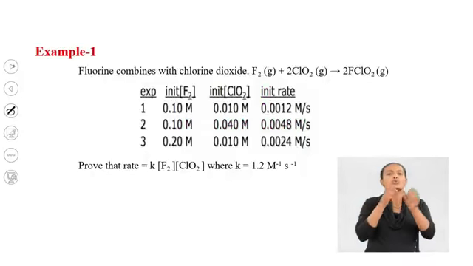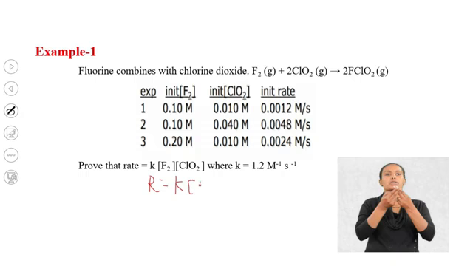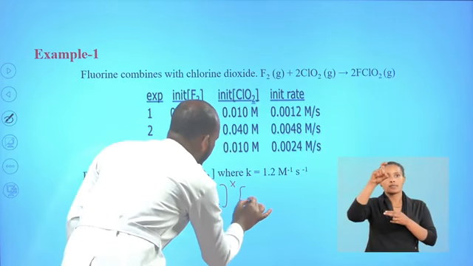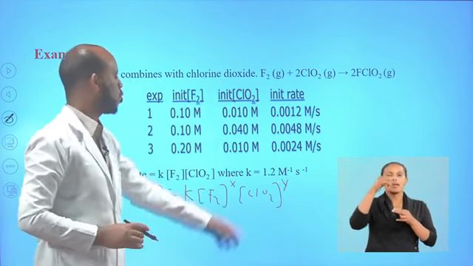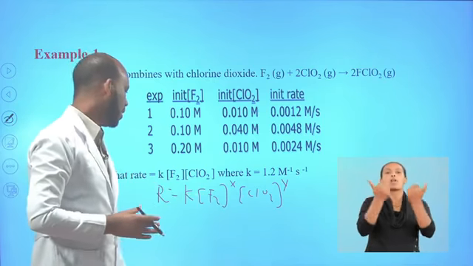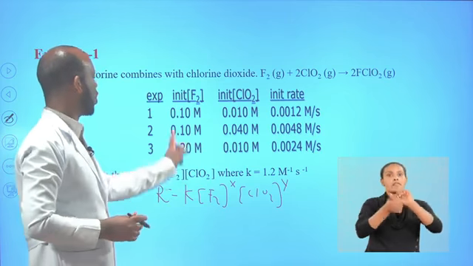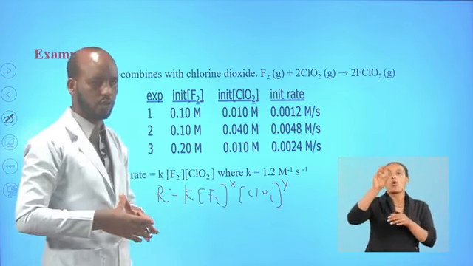The rate for this reaction is rate equals K times concentration of F2 to the power X times concentration of ClO2 to the power Y. X and Y are determined experimentally. To get the value of X, vary the concentration of F2 while keeping the concentration of ClO2 constant.